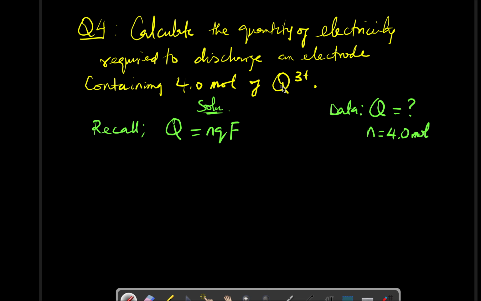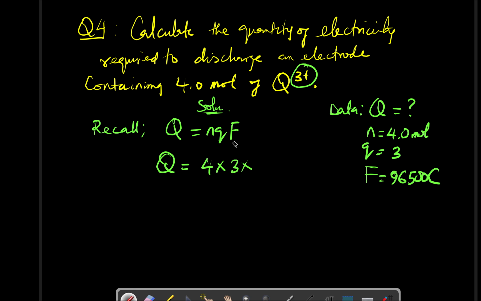And then this small letter Q, they have given you the charge, which is 3. And I've already told you that F is the Faraday's constant, which is 96500 coulomb. Do you now see that you can plug everything into this formula? Then you have the final answer. N is 4 times Q, which is 3, times the Faraday's constant, 96500.